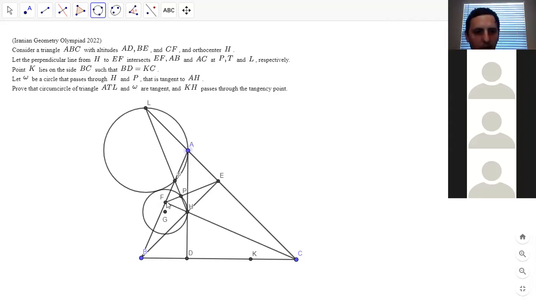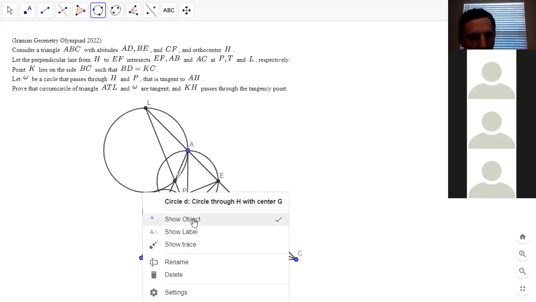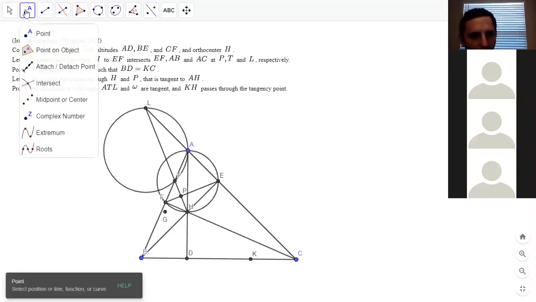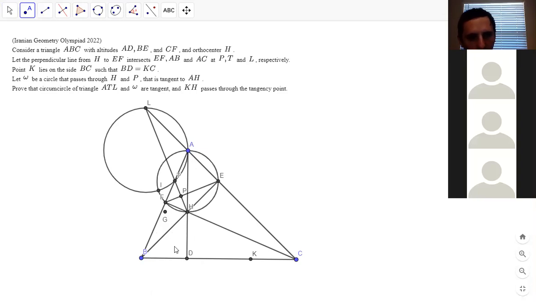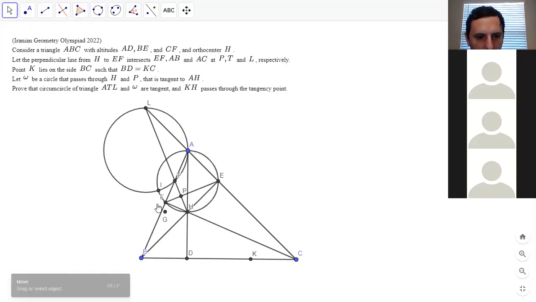So maybe we should just let these circles intersect. And then we could show that the circumcircle of IPH is tangent to AB. I wonder if that's the best way to do it then.